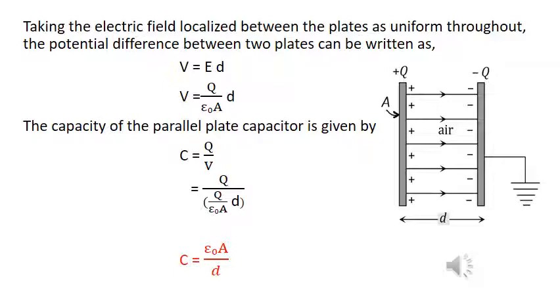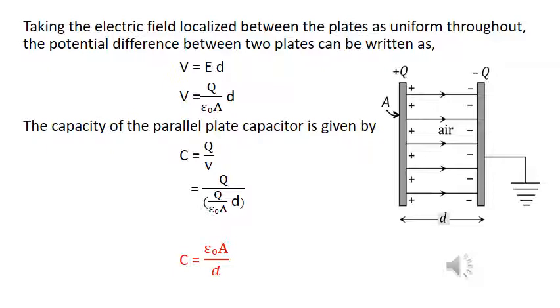As we have studied in the previous slide, capacity depends on the shape and size of the conductors, which is area, and the separation between them.